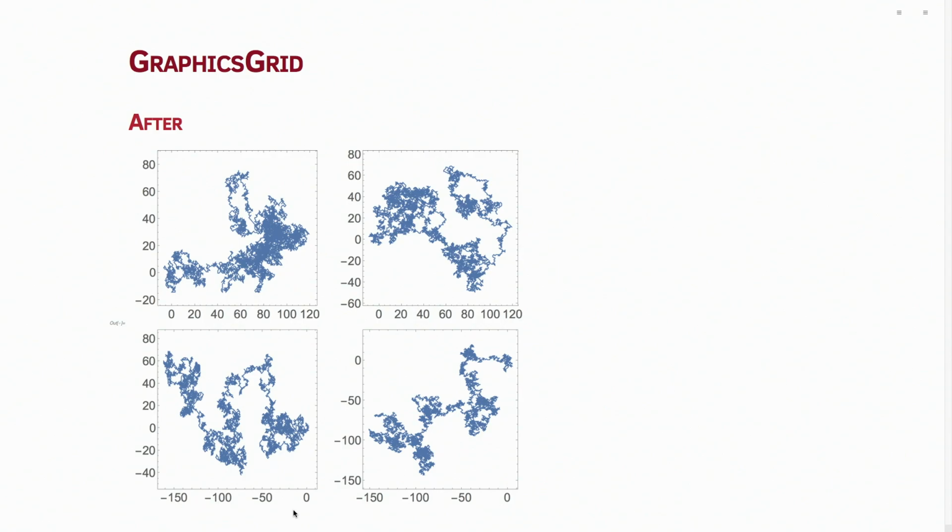And so with the new changes to GraphicsGrid, we're adjusting the graphics, which GraphicsGrid does anyway, in ways that allow us to line up frame edges so that those are on the same line, those are on the same line, and so on, and then horizontally as well.